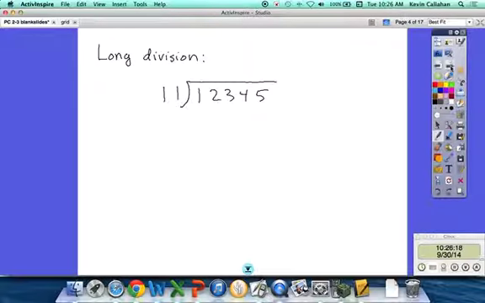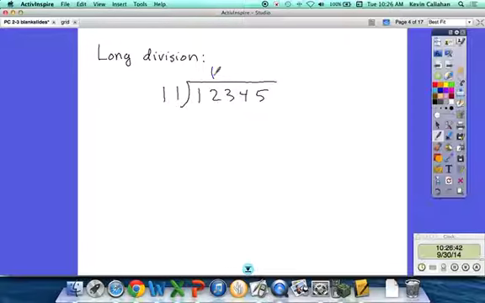If we divide by 11, the very first step would be to say 11 doesn't go into 1, but 11 goes into 12. It goes in at least a whole number of times. How many times does 11 go into 12? You say 1, so you put a 1 over top of that.